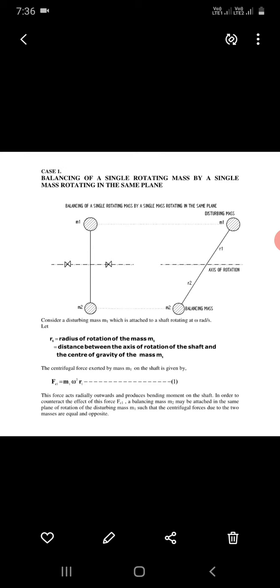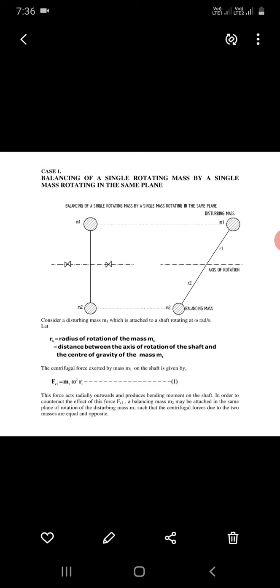First case is balancing of rotating mass by a single rotating mass in the same plane. Same plane means in the same axis, vertical axis. As you can see here, there is a mass m1 on the shaft. Exactly opposite on the other side, we have mass m2.